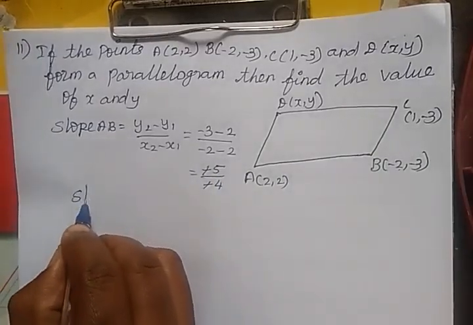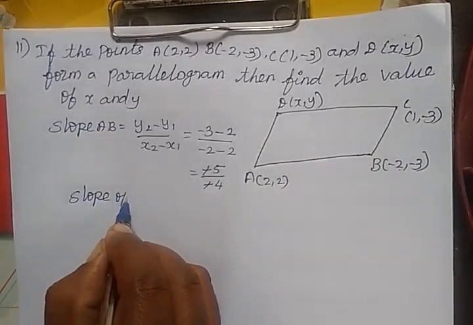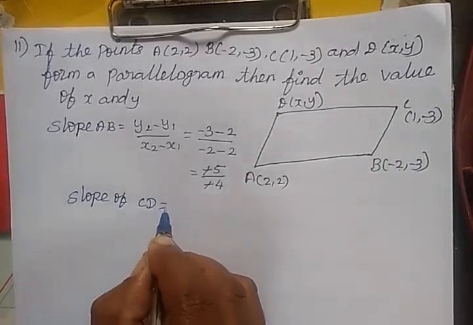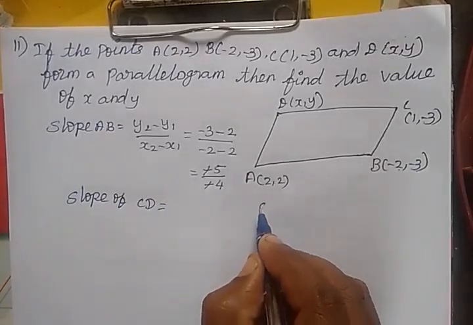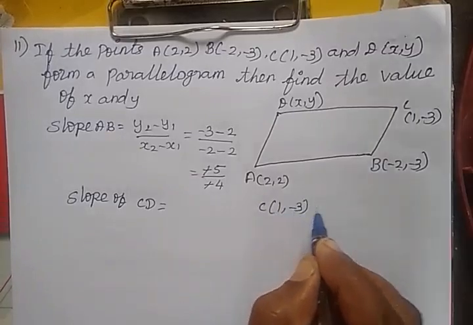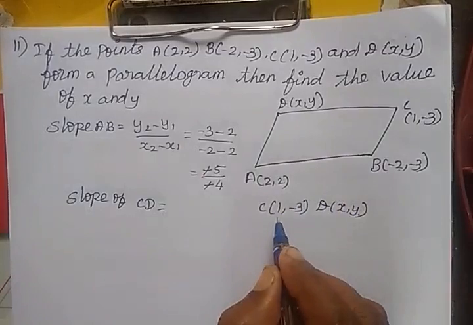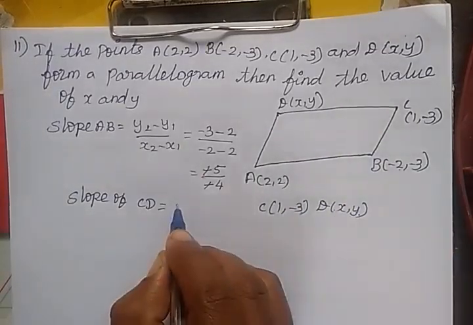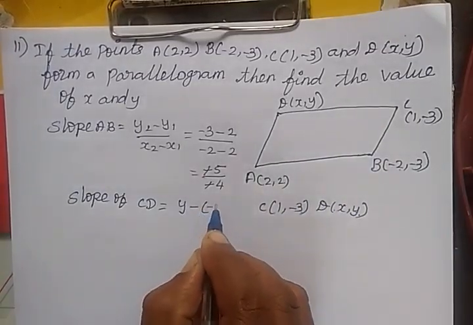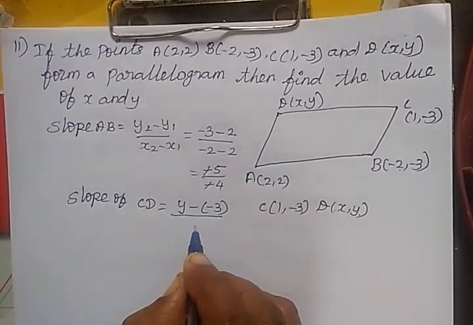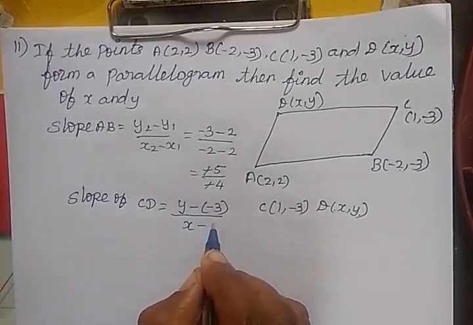Next slope of CD. The point C is (1, -3) and D is (x, y). From that, x1 y1, x2 y2. y2 minus y1 by x2 is x and x1 is 1.